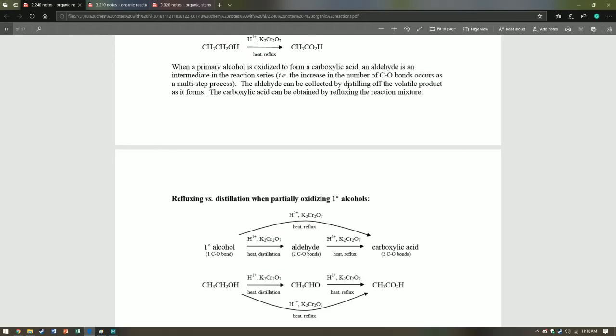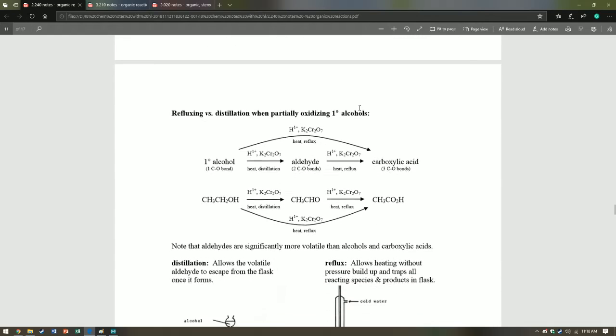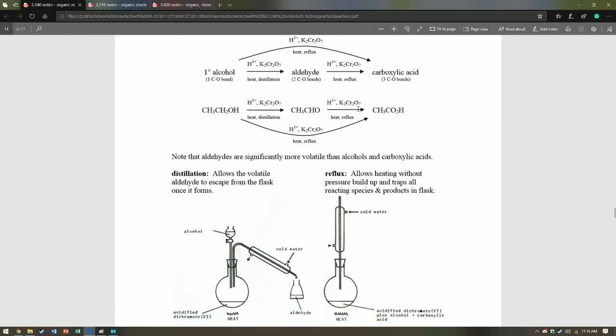Now, what if you could stop the reaction at the aldehyde if you set your apparatus up properly? How do you do that? Note that aldehydes only have dipole-dipole forces, whereas the carboxylic acids and the alcohol can both undergo hydrogen bonding.